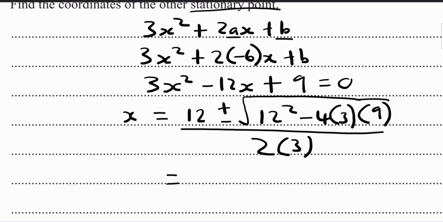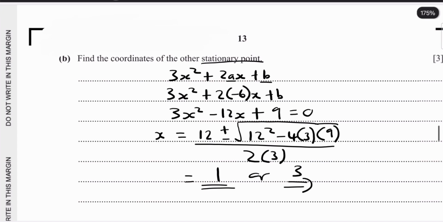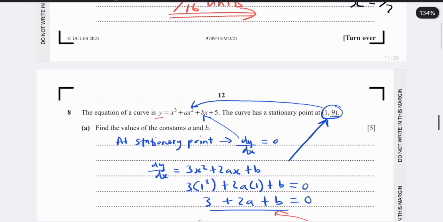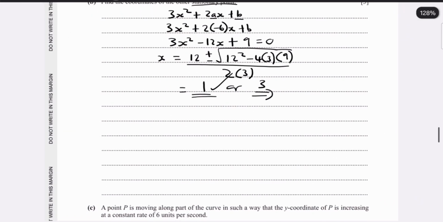And this will give us x equal to 1 or x equal to 3, right? So for this, we're told one of the stationary points is at (1, 9), right? And this is the 1.